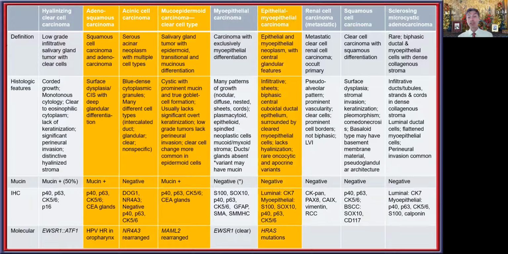However, I will say in the major salivary gland locations, myoepithelial carcinoma, epithelial-myoepithelial carcinoma, and salivary duct carcinoma are the three most common carcinoma types in the carcinoma ex pleomorphic adenoma category. And so many times in a major salivary gland, if you have a pleomorphic adenoma that has transformed, a myoepithelial carcinoma is certainly something that can be seen.